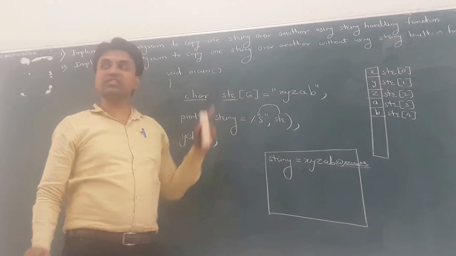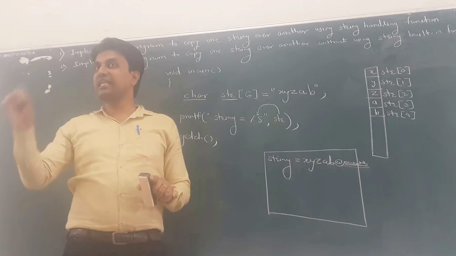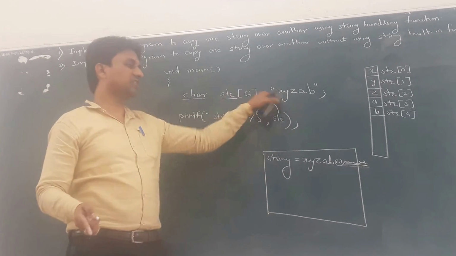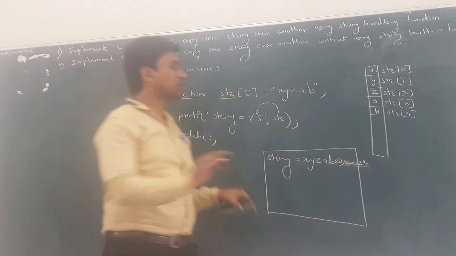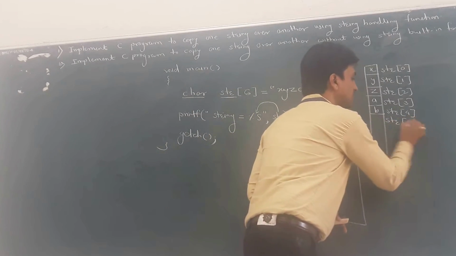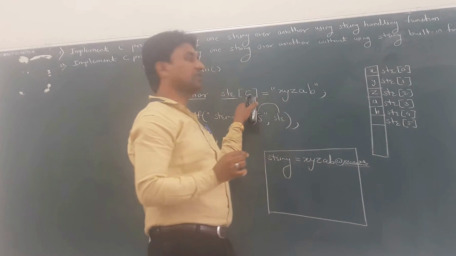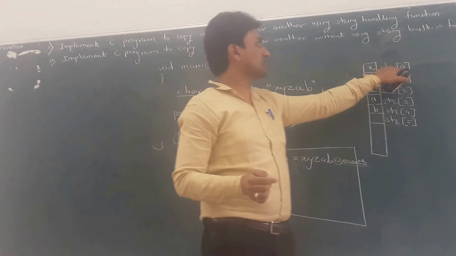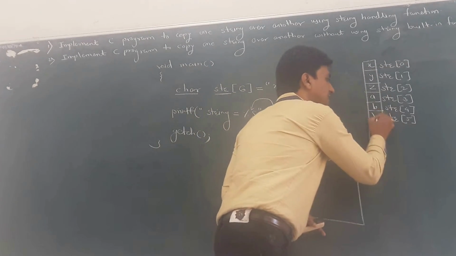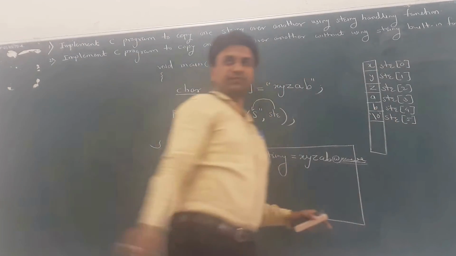But one character is reserved for \0, and that \0 is automatically added by the compiler itself because it is initialized at compile time. So the size of str is 6, meaning the index starts from 0 to 5, and the last character is reserved for \0.